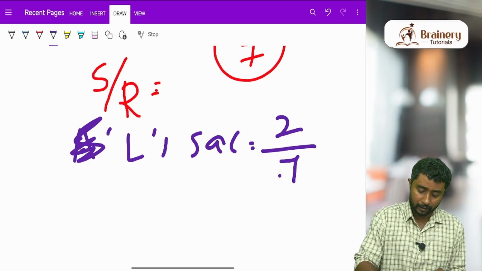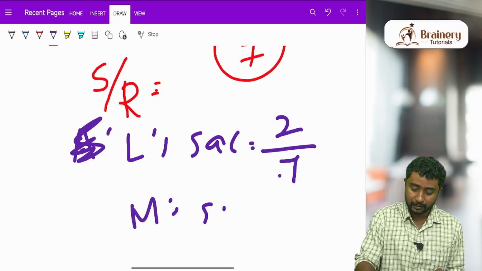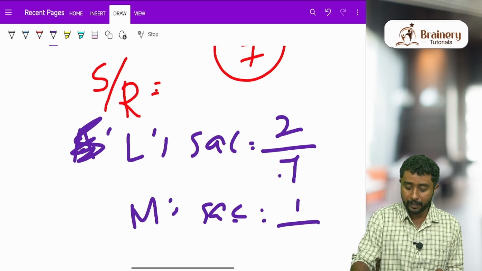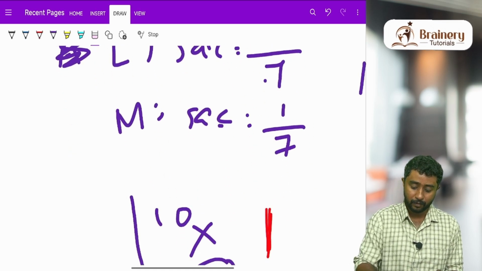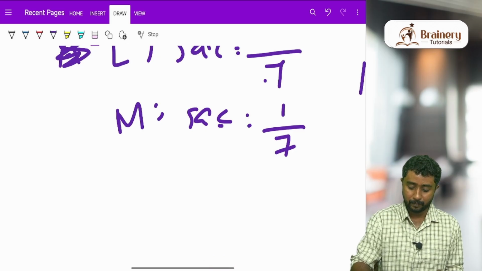Similarly, M is giving 1/7 share to N. That is what is given in the question, right? 1/7 share to N.